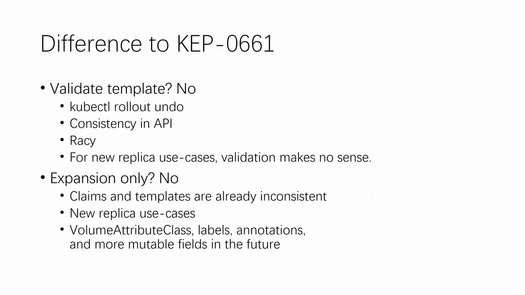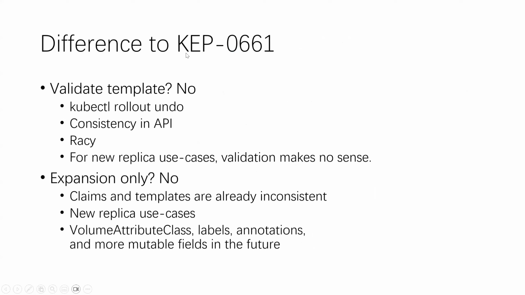Okay, so we already have KEP 0, 60, 60, 61, 61 before. And what is the difference?